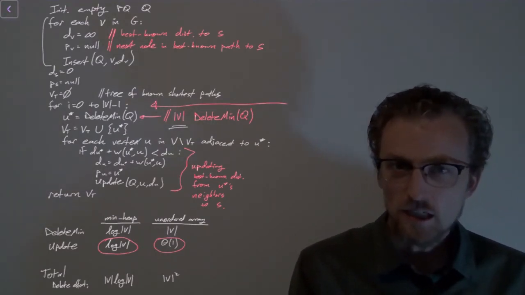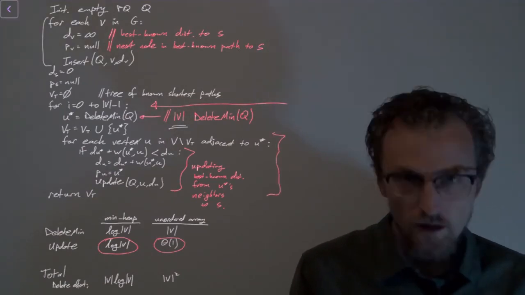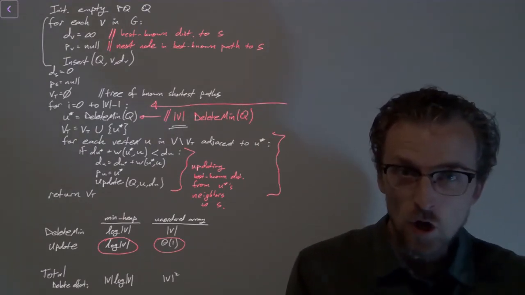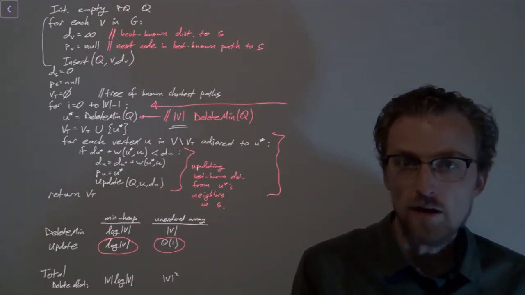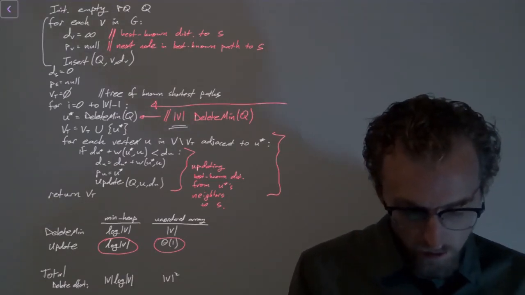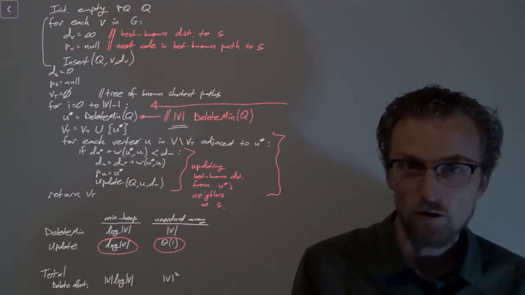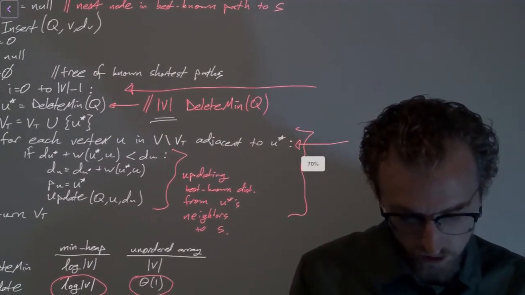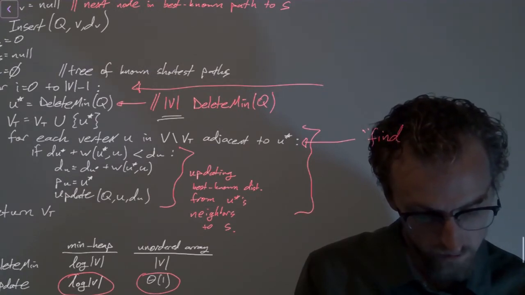So this isn't dependent on the graph. But notice that for each node that we add to the tree, this for loop says to go find the neighbors of that node. So there's a hidden search through our graph representation in this line of code. This line of code is: find U star's neighbors.